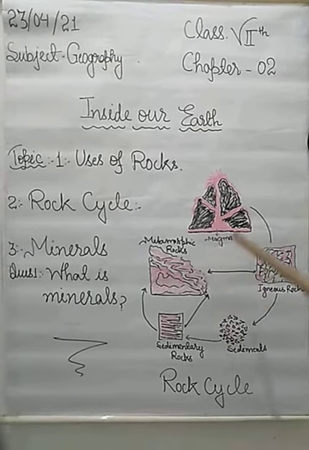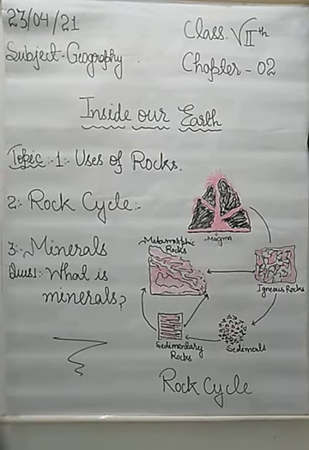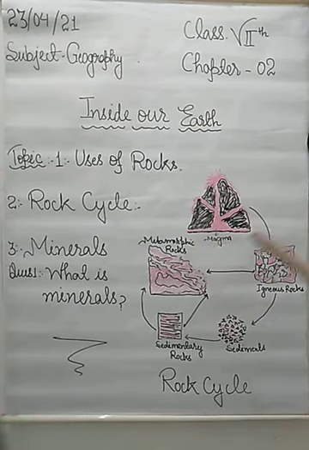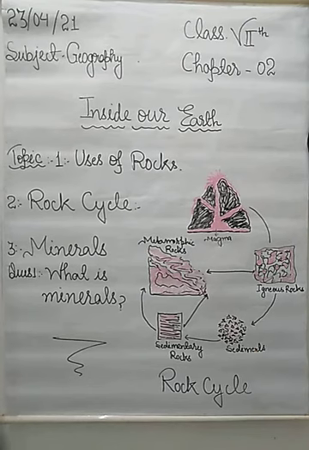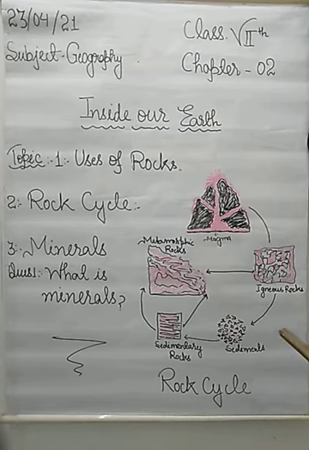And students, this is the diagram of the rock cycle. Now I am going to discuss how these rocks are changed from one rock to another rock, and again change back to their original form.